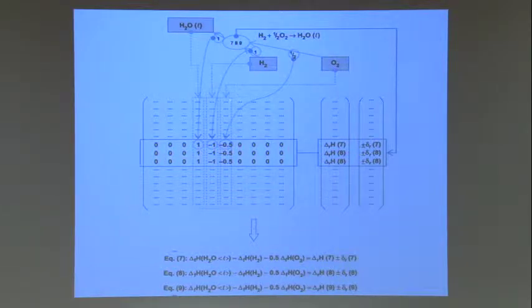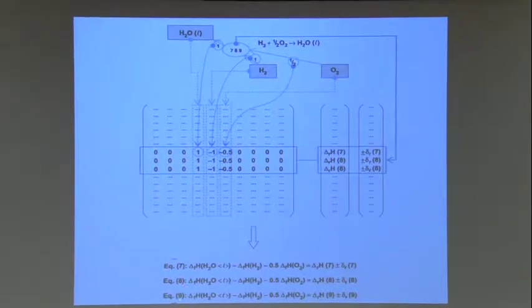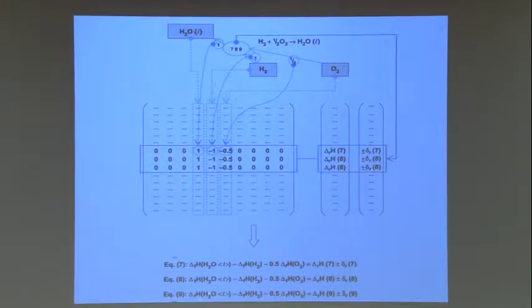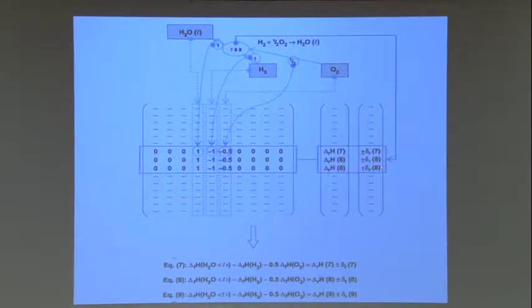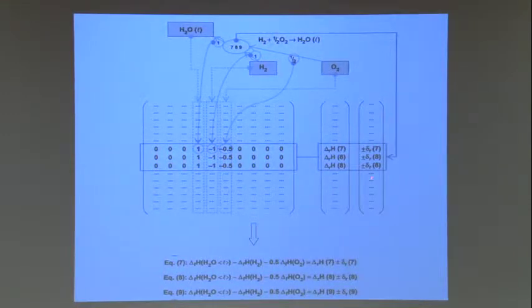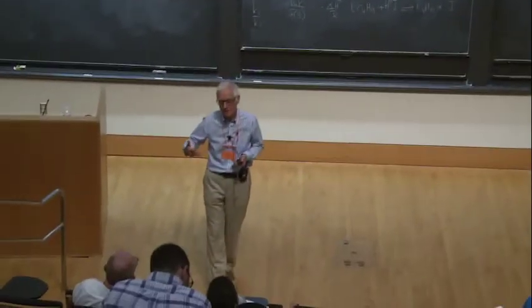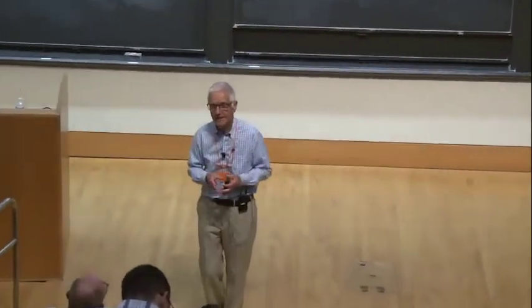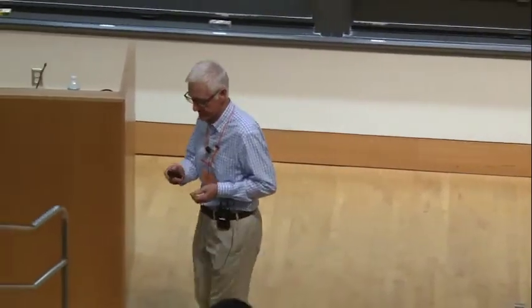And then there are other reactions in here as well. So the reactions are listed down here, reactions 7, 8, and 9. So different entries, different enthalpies of reaction, and also different uncertainties for those reactions. And so these uncertainties are important. And then what you do is you do an optimization of all of those enthalpies of formation that are present in that matrix.